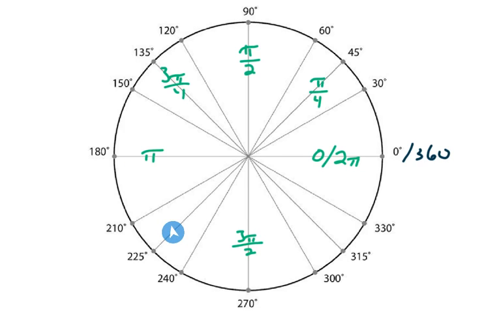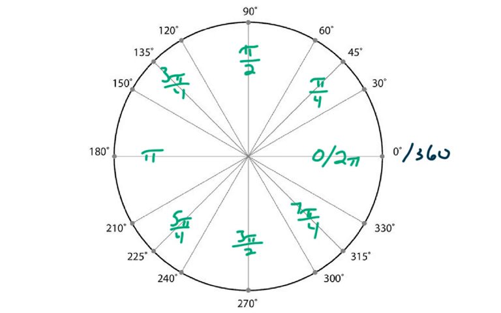One more fourth, so 4 pi over 4 plus 1 pi over 4 gives me 5 pi over 4 at 225. 6 pi over 4 simplifies down into 3 pi over 2, and then one more pi over 4 gets me to 7 pi over 4, that's at 315, and then 8 pi over 4 simplifies down into 2 pi. Okay, so we've got our 45 degree marks along with our 90, 180, 270, and 360.